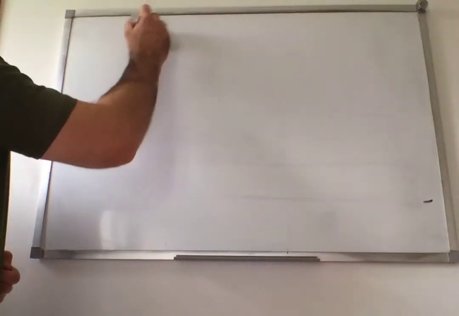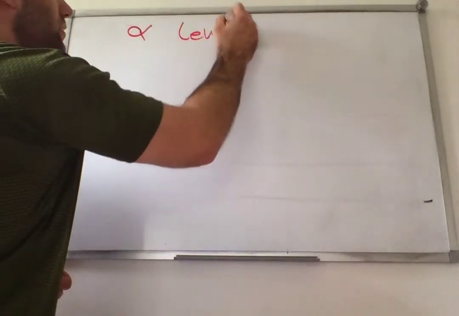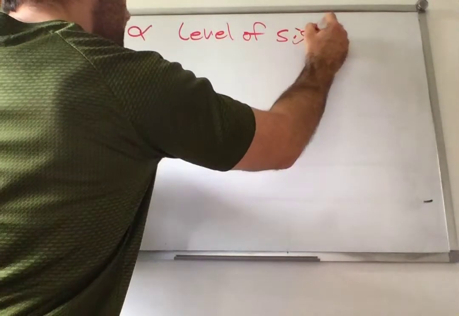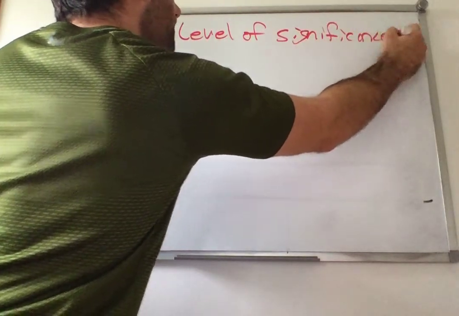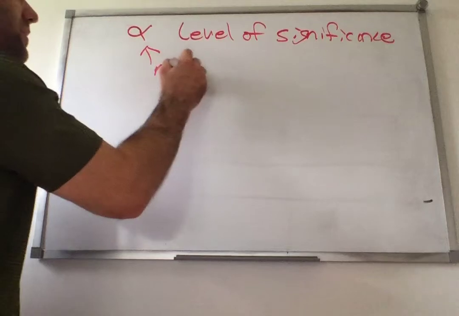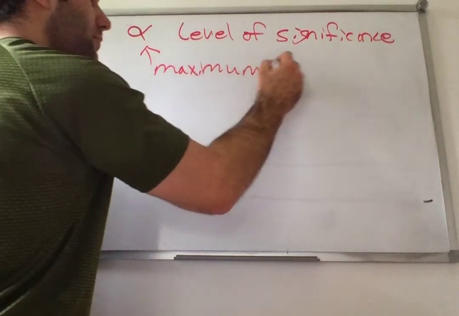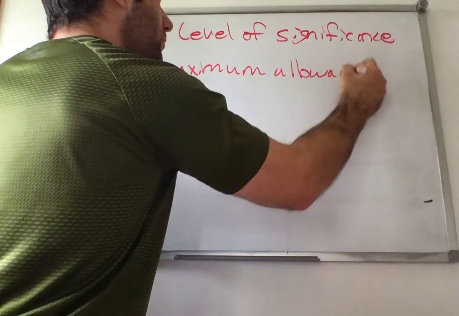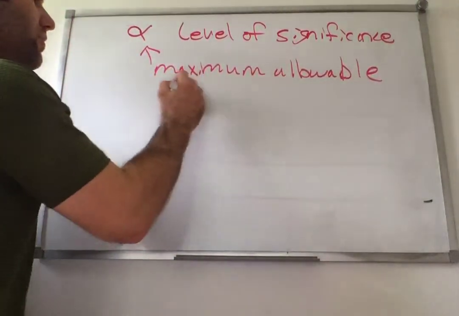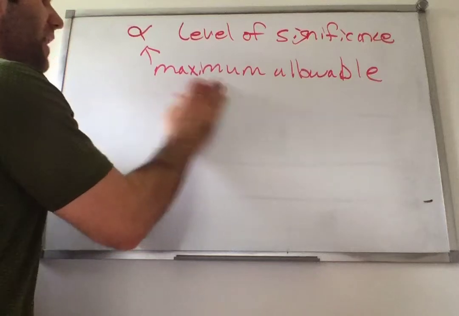Now, the level of significance, okay? Before doing a hypothesis test, the researcher sets the level of significance. What this is, it's the alpha level, and this is the maximum allowable probability for a type 1 error.